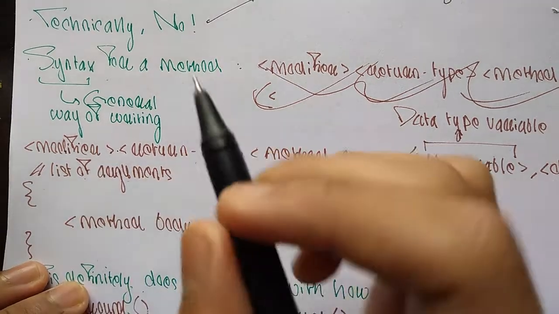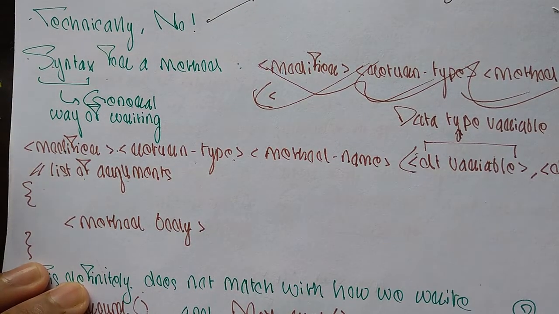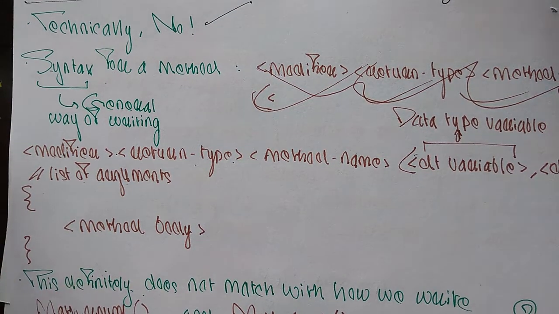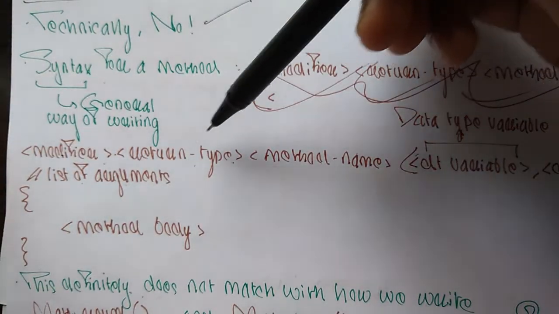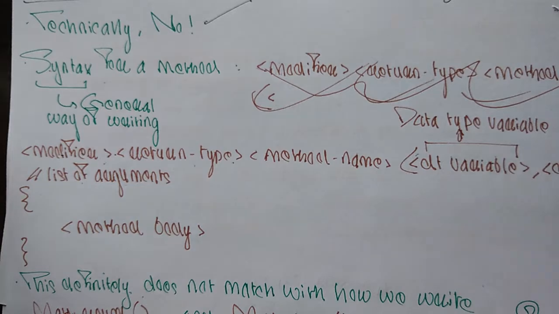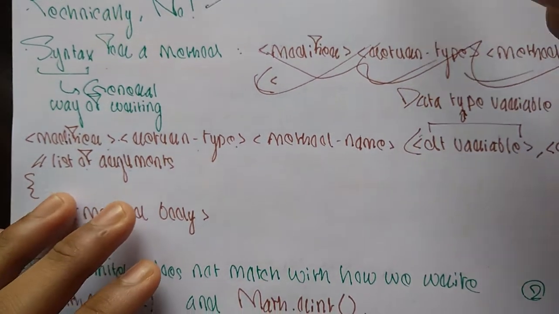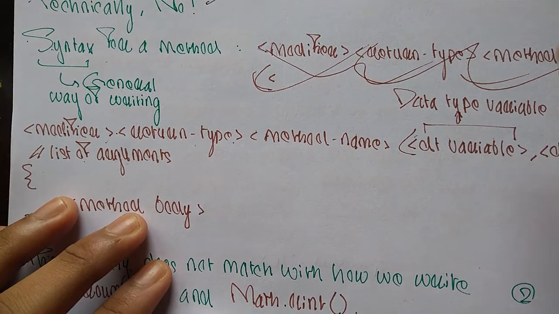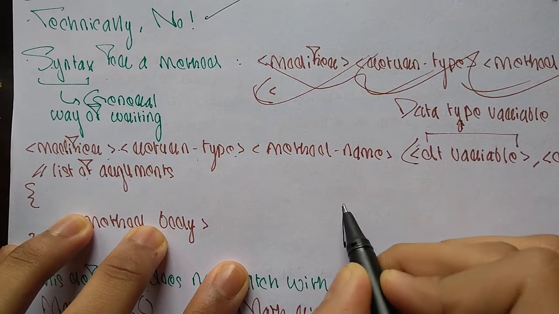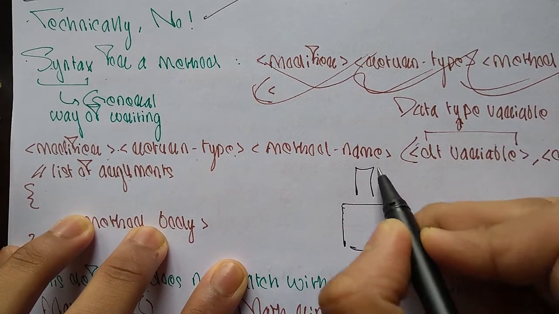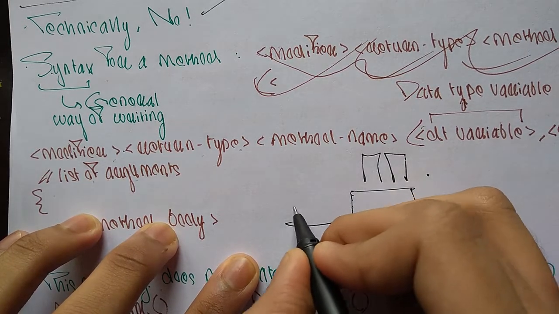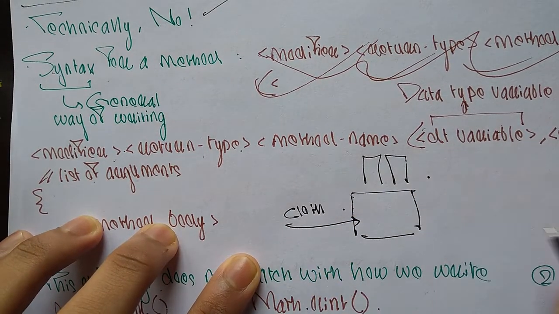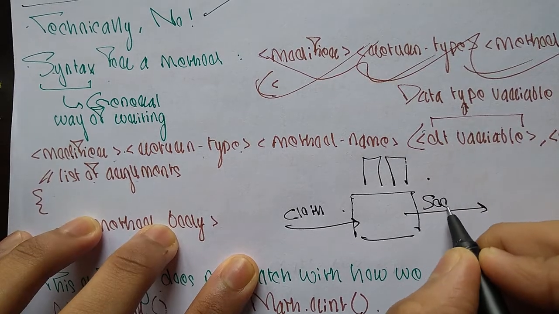So modifier actually tells more info about the function. Like modifier can be static, right? And return type tells what the method will return when you feed something into it. Suppose the method can be thought of as a machine, okay, and you feed some cloth in it, and that machine returns socks.